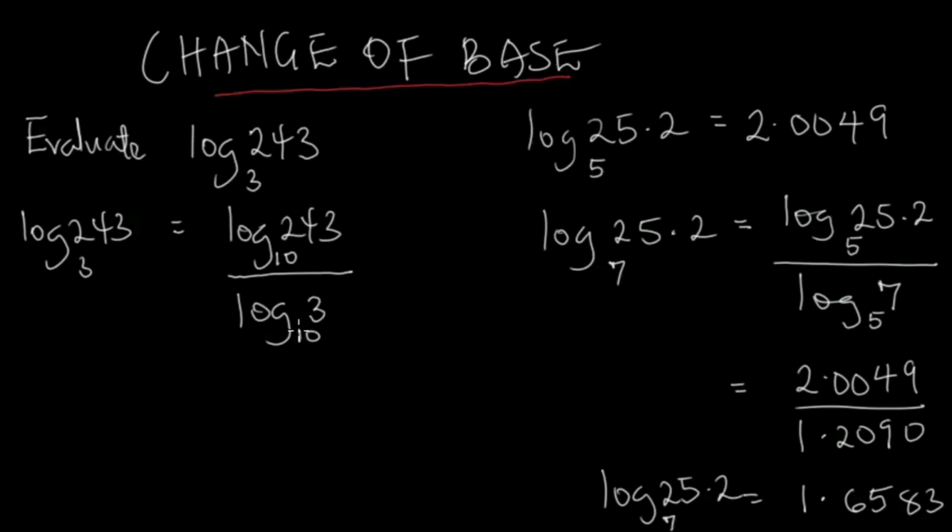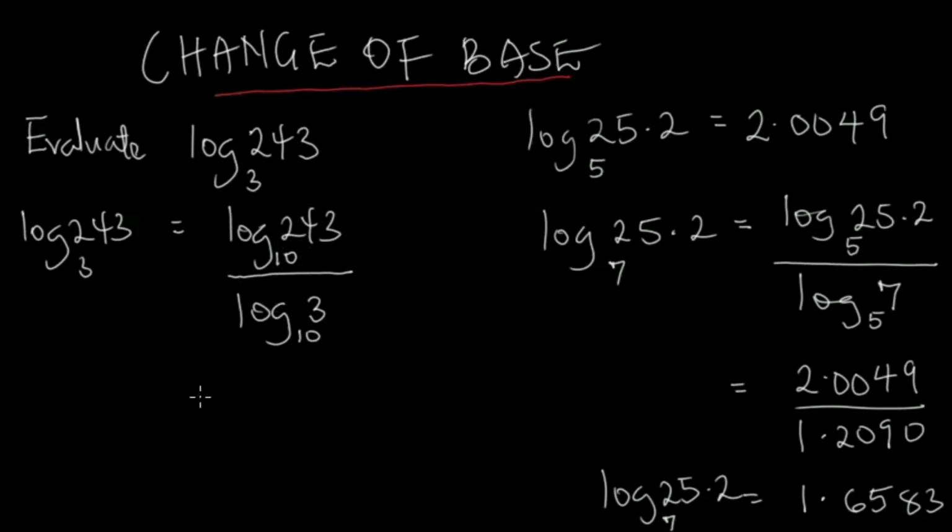Now let's take note of something. We can use any base, but the base in the numerator must be the same base in the denominator. I think it is best we use base 10, because when we press this value on our calculator, it should give us in base 10.